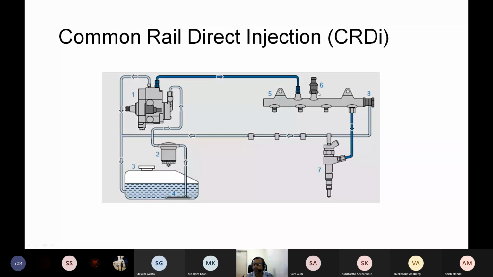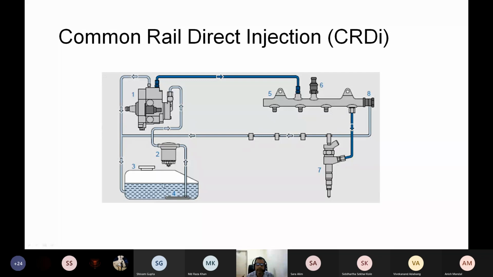By these two sensors in combination, the partial opening area is going to be fixed until the pressure in the rail drops to 500 bar. In that way, we can get the 500 bar pressure, even though the pressure here is coming higher, but most of the fuel, depending upon the opening area, is returning back.